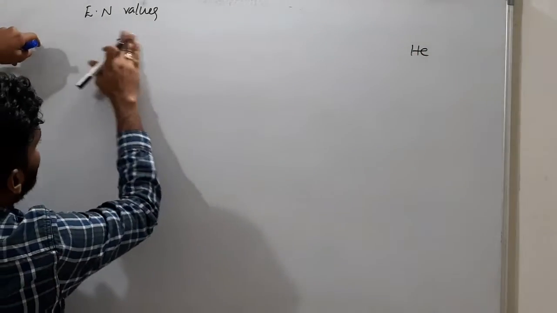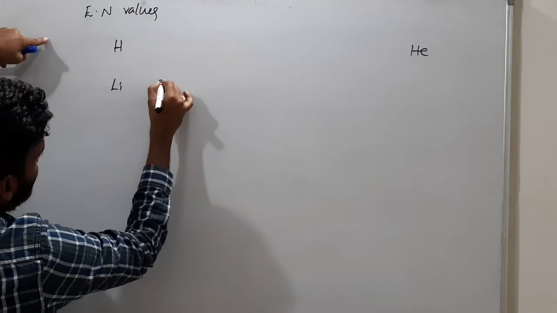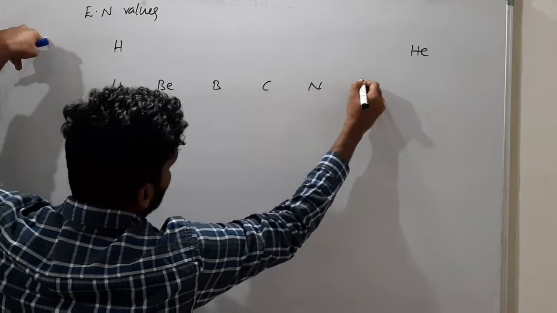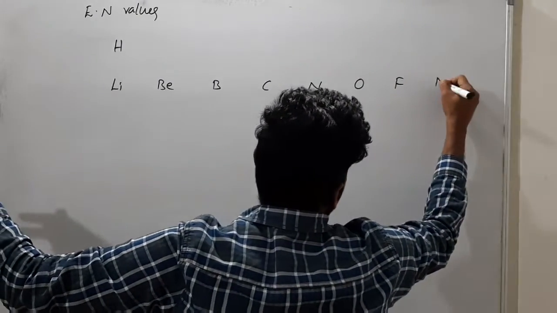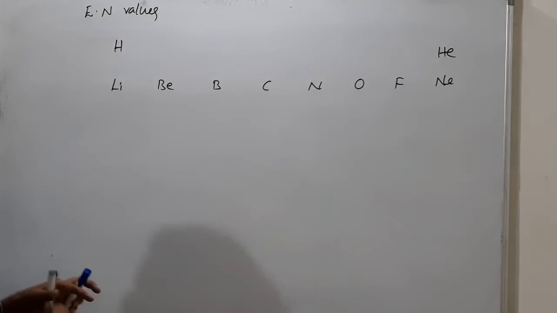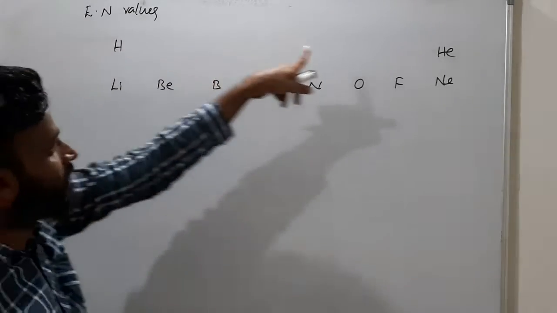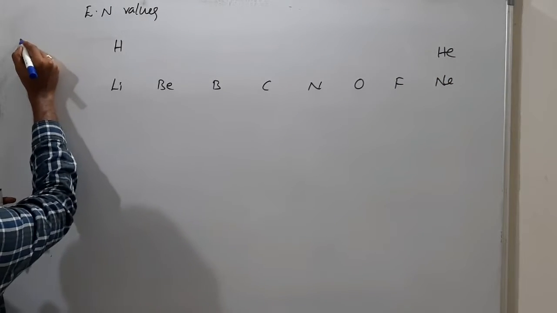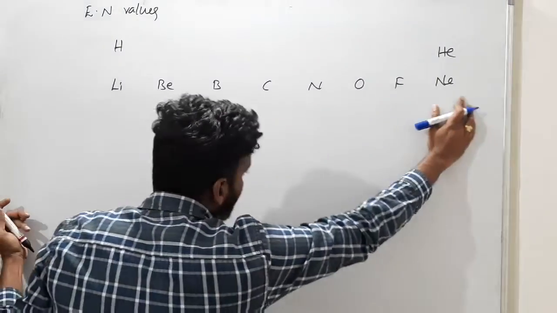This is the first period. Second period: lithium, beryllium, boron, carbon, nitrogen, oxygen, fluorine and neon.